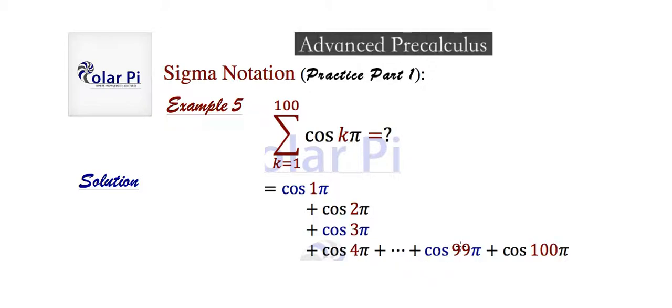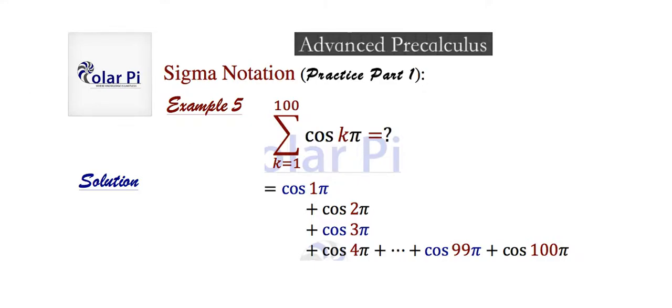Based on this pattern, cosine of 99 pi is going to be negative 1, and cosine of 100 pi is going to be positive 1. And all of this is true because cosine of k pi is positive 1 when k is even, and cosine of k pi is negative 1 when k is odd.